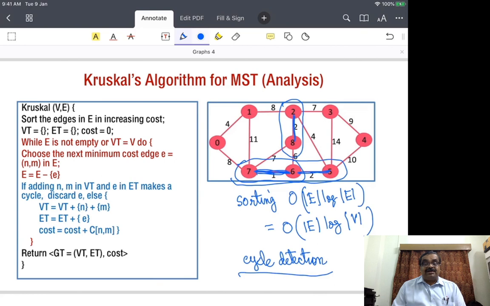So this cycle detection can be done by forming a data structure which maintains the set of nodes, and as soon as two nodes are joined, we merge these two sets of nodes into a single set. Our cycle detection algorithm will find out that if the sets connected by this new edge are the same set, then there is a cycle.